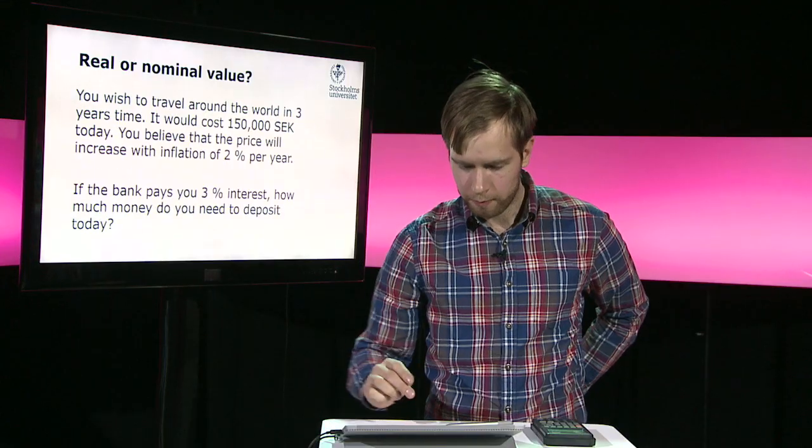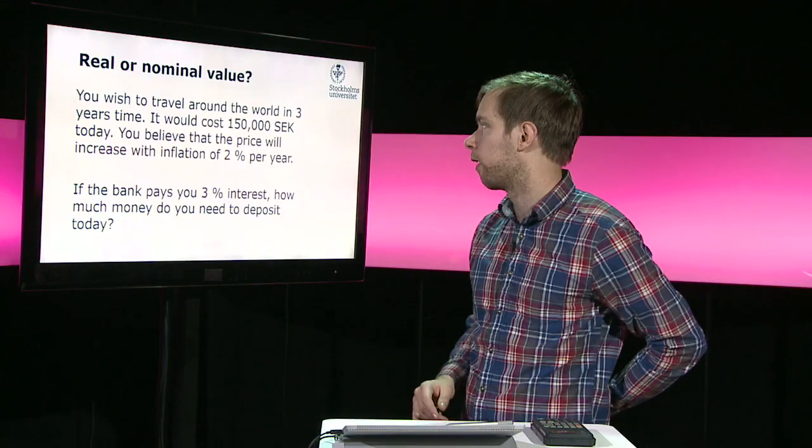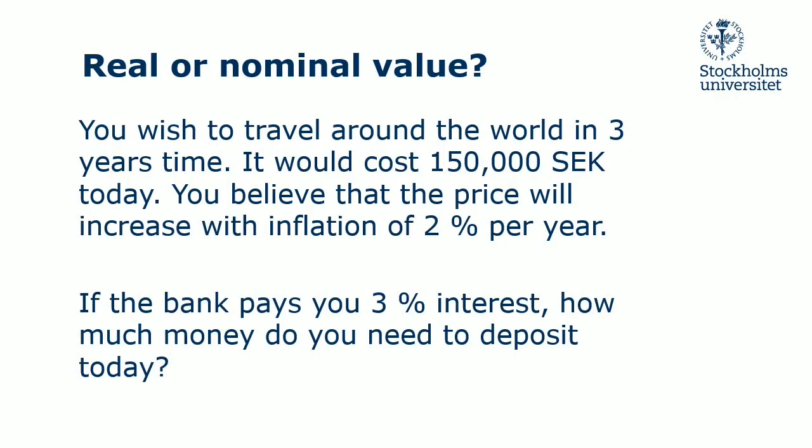Okay, we can take another example then. If you wish to travel around the world in 3 years' time, and you know that today it would cost 150,000 kronor. Okay, so we know that the cost today, if we would do it today, it would be 150,000. But we want to do this in 3 years' time. And you believe that the price of this travel then will increase with inflation, so it will increase by 2% per year.